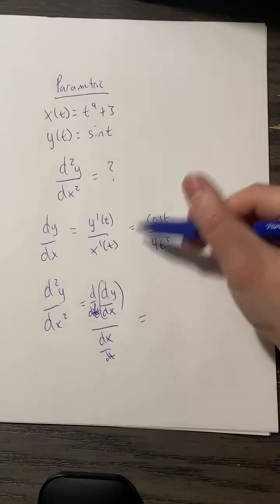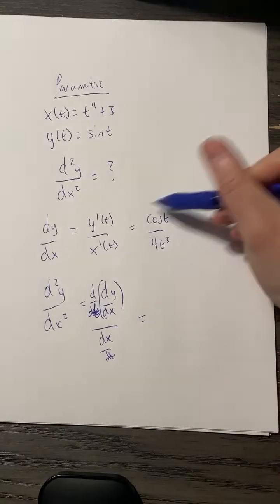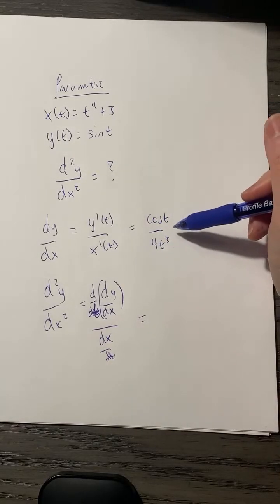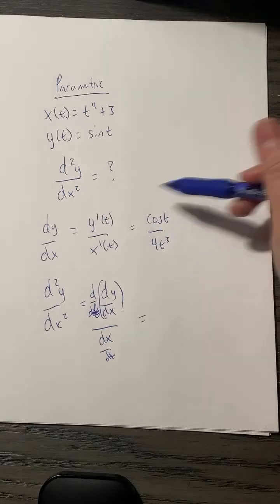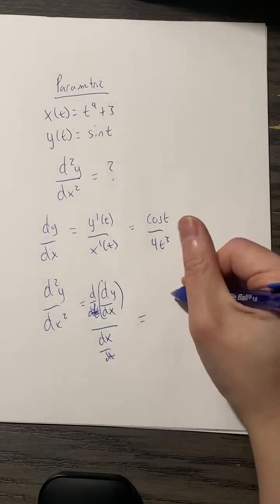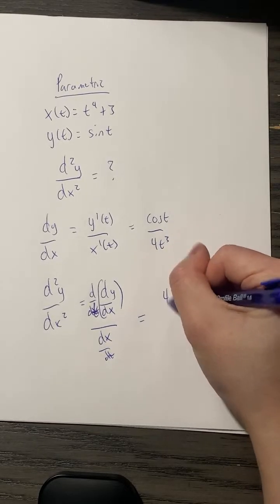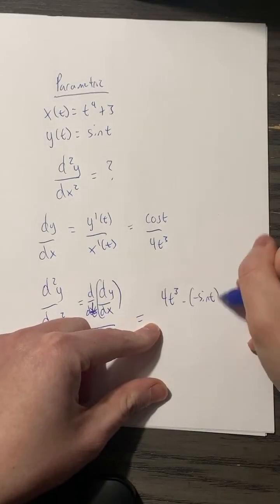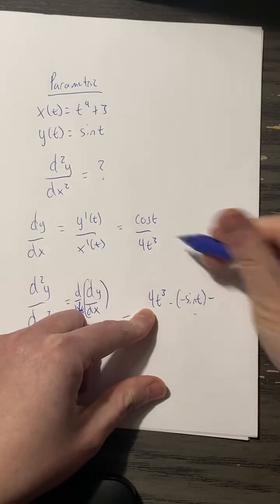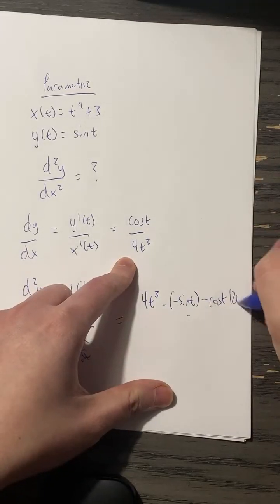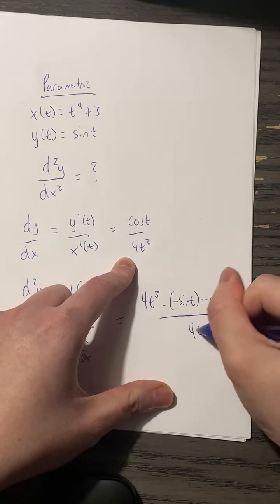For this one, the first derivative didn't require low d high, but the second derivative will require low d high because it's a quotient. Sometimes this simplifies very nicely, so you can just eyeball the derivative. But in this case, it's low d high. Low, derivative of cosine is negative sine, minus low d high minus high d low, which is 12t squared, all over low low.